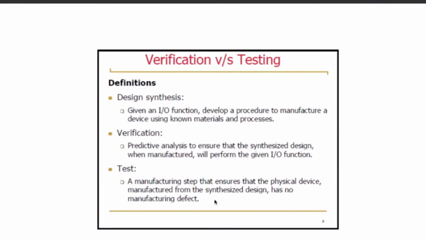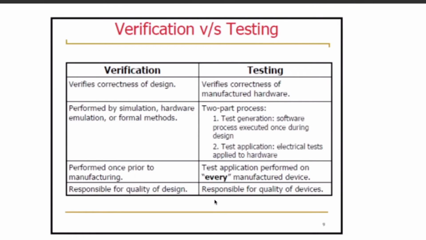So basically, testing and verification are two different things. In verification, we just check the correctness of functionality, and in testing, we check the correctness of the manufactured device. So you can see how diverse these two things are.